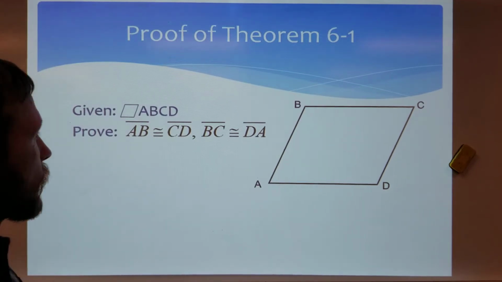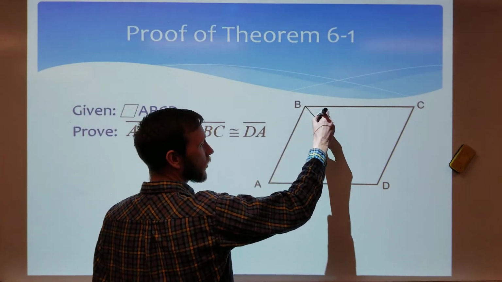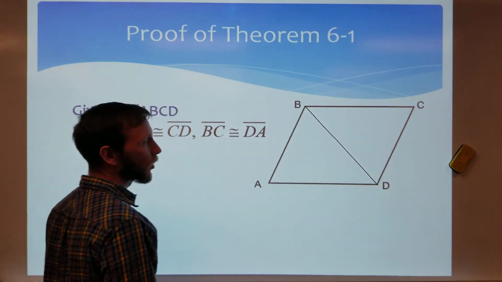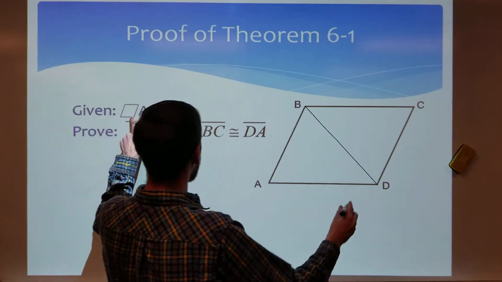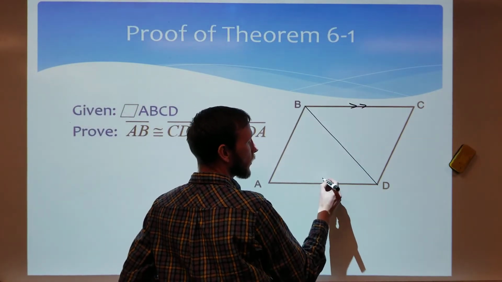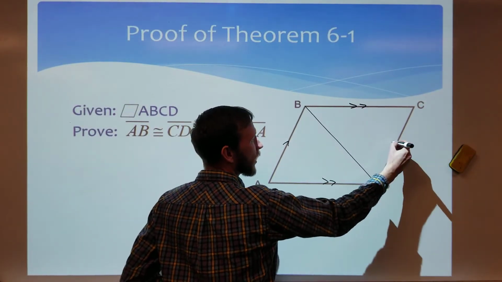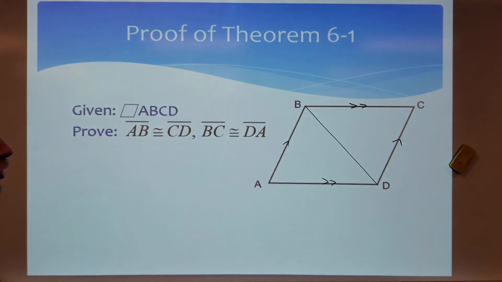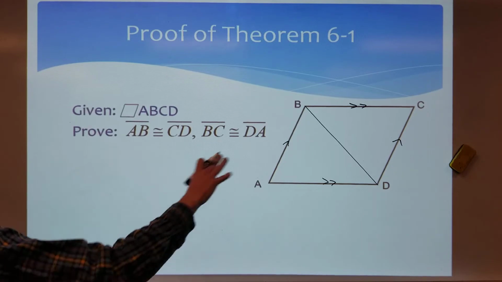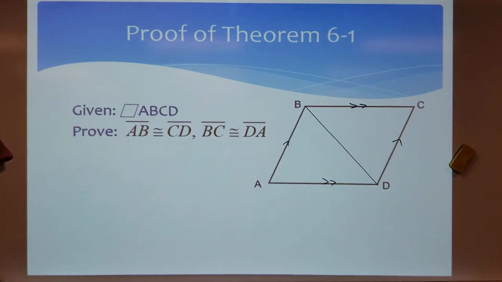Now, I'm going to just draw one of these diagonals in. Through any 2 points, there exists exactly one line, so I can draw that segment right there. We are given that this is a parallelogram. This symbol here means that ABCD is a parallelogram, meaning that the opposite sides are parallel to one another. So if this is a parallelogram, then the opposite sides are parallel.